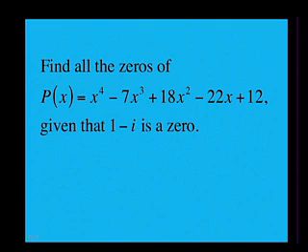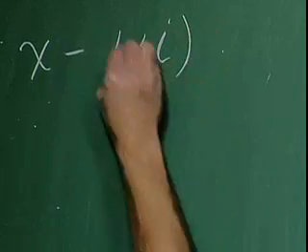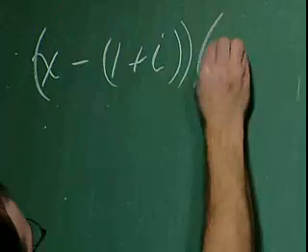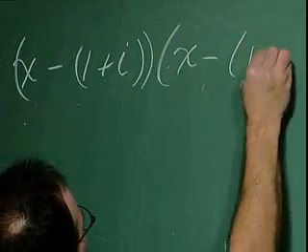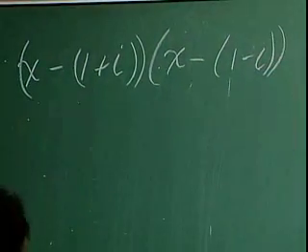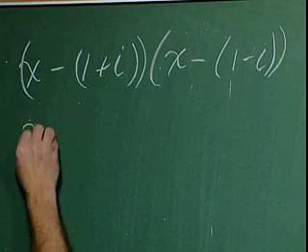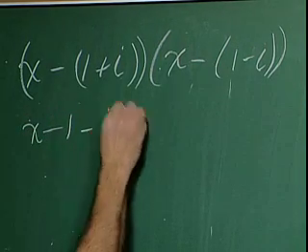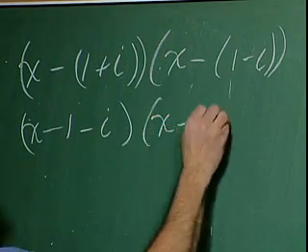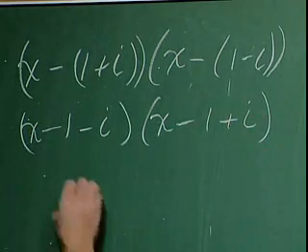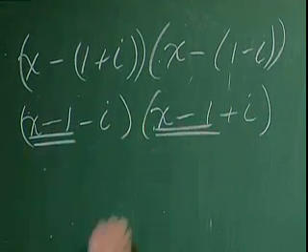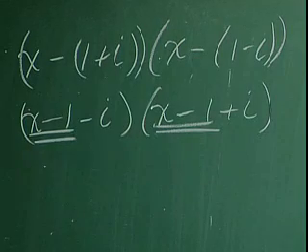That we have x minus (1 plus i), and we have x minus (1 minus i). Once again, let's distribute the minus sign. And notice that we have set up for us the difference of two squares.